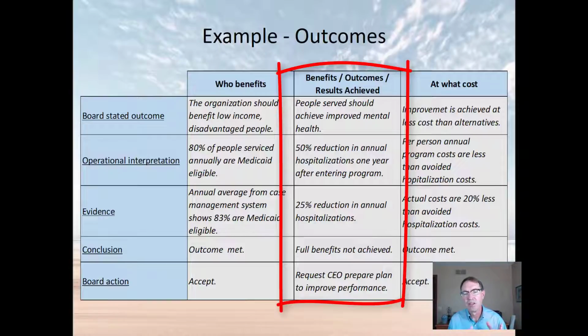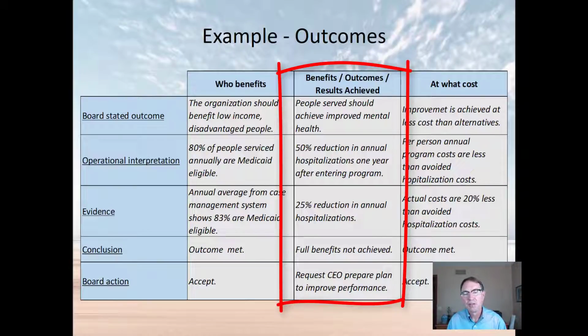So you compare the number of hospitalizations for a client before they come into the program, and then once they've been in the program for a year, what the number of hospitalizations is. So that's practical. It's something that can be measured, and it is a good indicator of improved mental health.